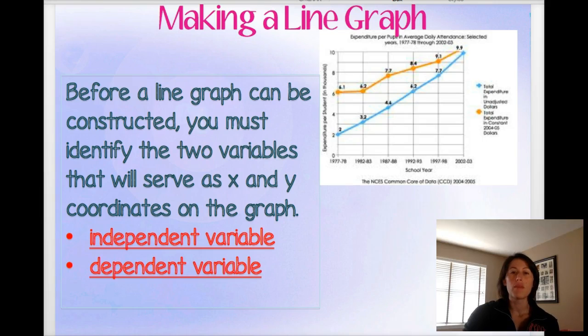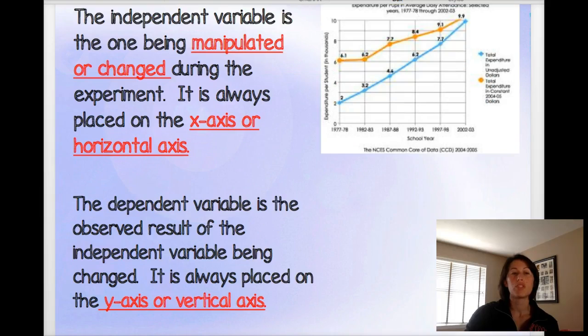Before the line graph can be constructed, the first thing you have to do is identify the 2 variables that are going to go on the x and y coordinates, okay? So you need to make sure before you make your graph that you understand which one is your independent variable and which one is your dependent variable. The independent variable is the one that's being manipulated or changed, and this is the one that's going to go on the x-axis or the horizontal axis down here.